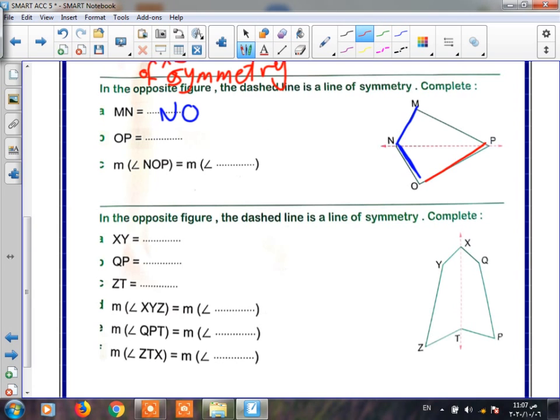OB, this one, when I flip it up, it will be congruent to BN. Then measure of angle NOB will be congruent to what? To NB, the same. Okay, in order.